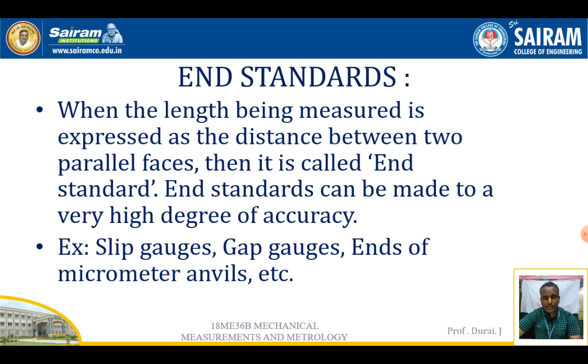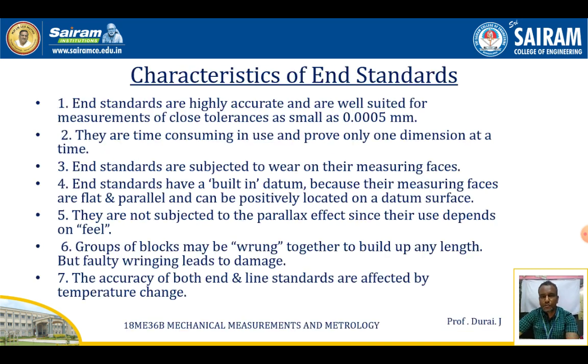These are all examples of end standards. The exact definition is that the measurement takes place between the two parallel faces of the component. Then comes the characteristics of the end standards.